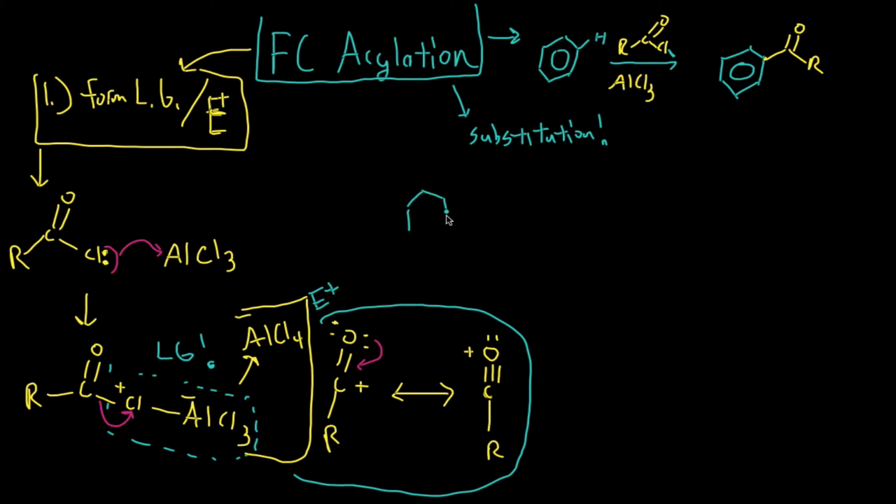I have a benzene here, an aromatic benzene compound. There's a hydrogen attached to it. It is going to come in and it's going to see this positively charged acylium ion. It's kind of stable compared to other, but it's still super unstable.